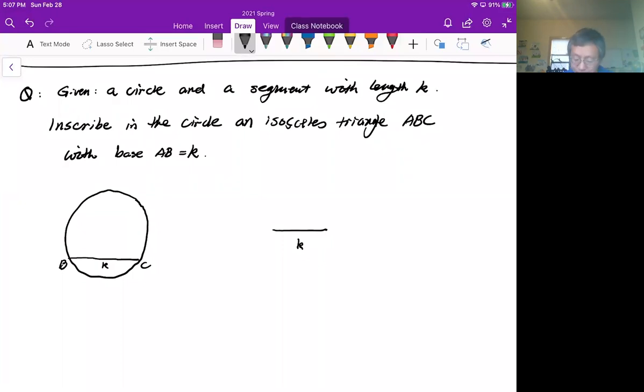Why is this easy? You can just pick any point as your center B. So first you pick a point B on the circle, right?